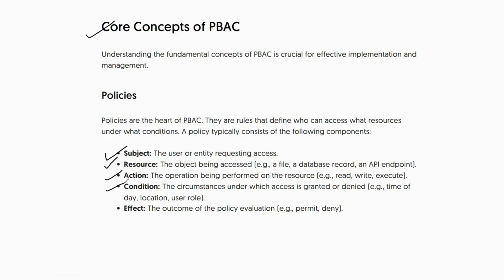And then the effect. That means, if the user tries this, will they be allowed or denied? All of this comprises the entire PBAC model, and these are the different components.